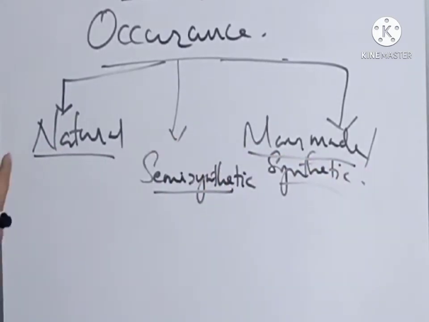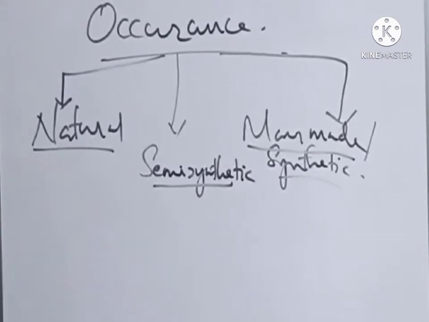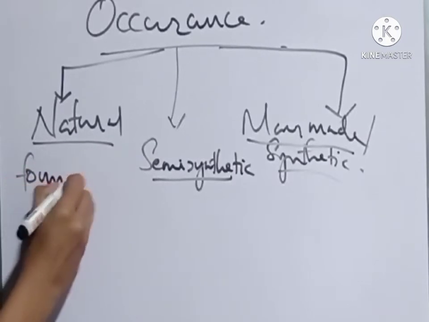From the name itself it is clear that natural polymers are the polymers which occur in nature, or the polymers which are found in nature.